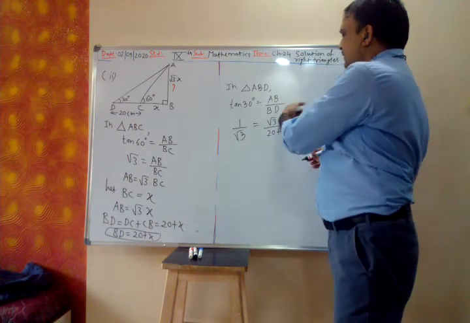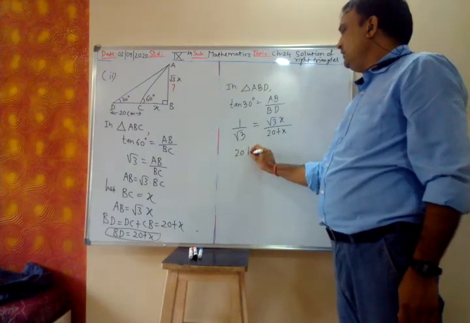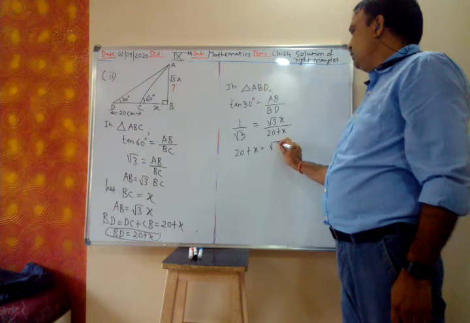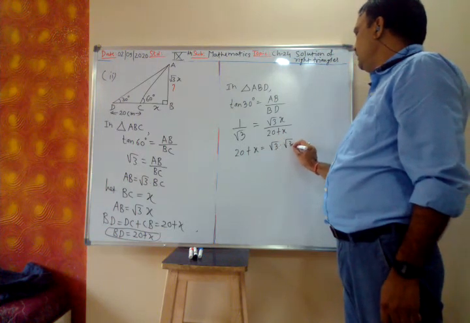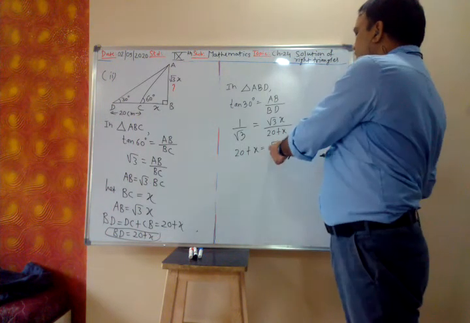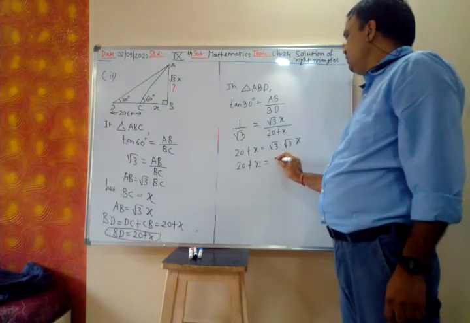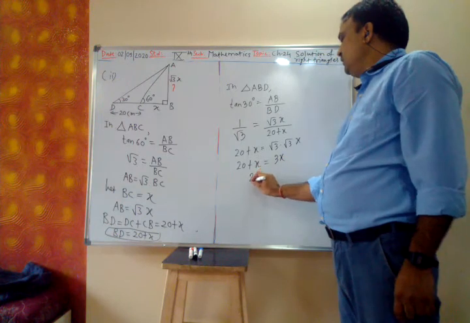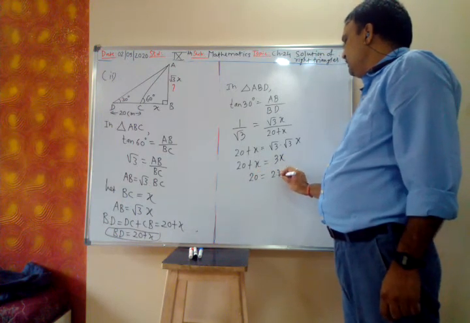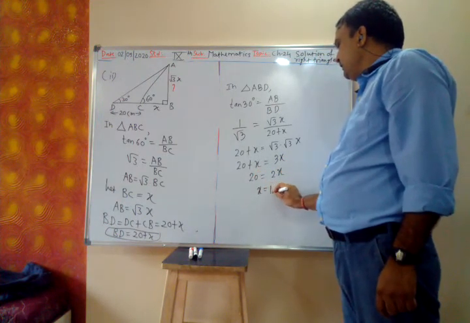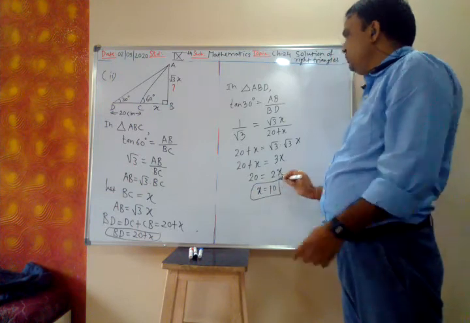Now cross multiply. You will get 20 plus x is equal to root 3 into root 3x. Root 3 into root 3 is 3. So 20 plus x is equal to 3x, so 20 is equal to 2x. So x is equal to 10.